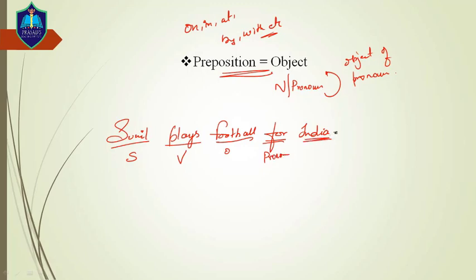What is India? India is a noun, right? So India becomes an object, making it the object of preposition. What is for here? For is the preposition, and the preposition is followed by a noun and the noun is the object, making it an object of preposition. This is what I was explaining in the third point. When the object follows the preposition, it forms the object of preposition.